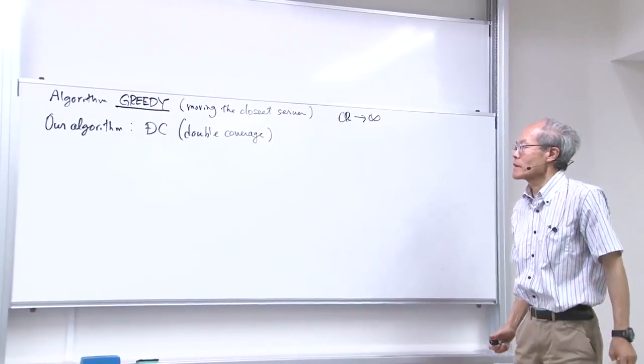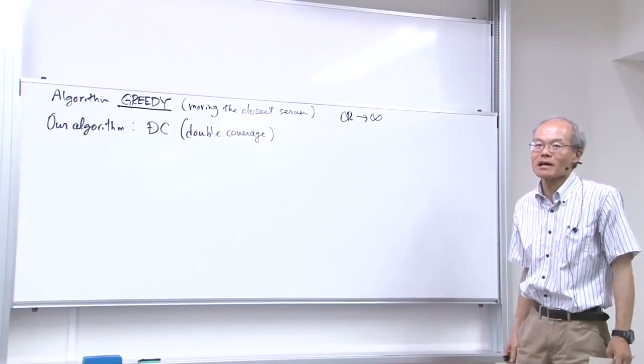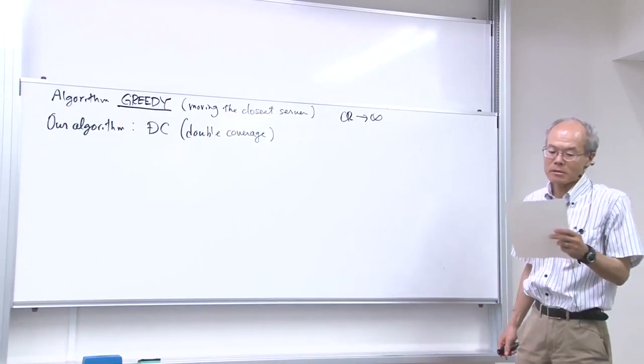DC stands for double coverage. Why it's called double coverage, I'll show you in a moment.